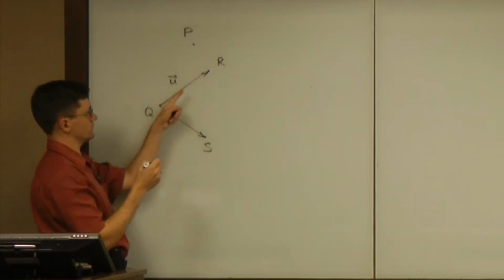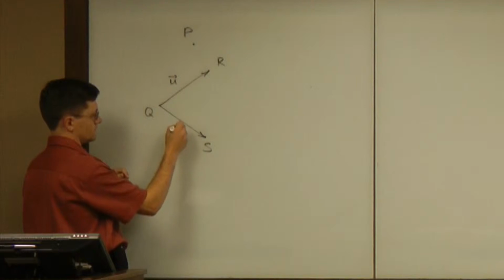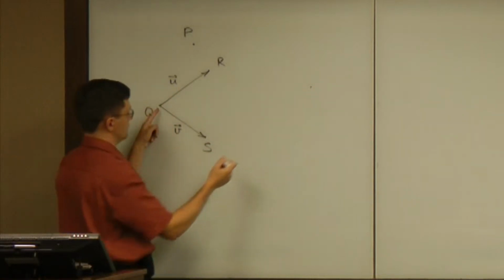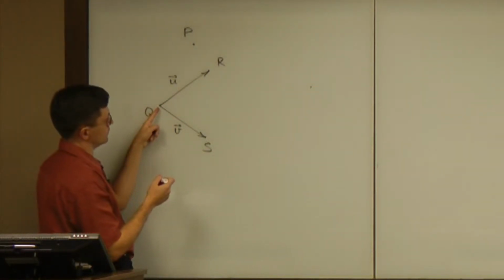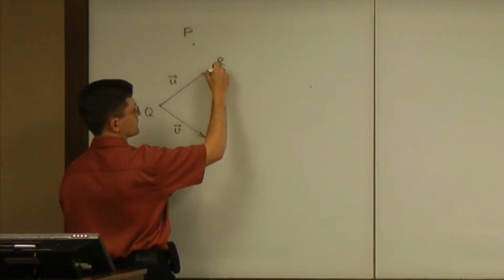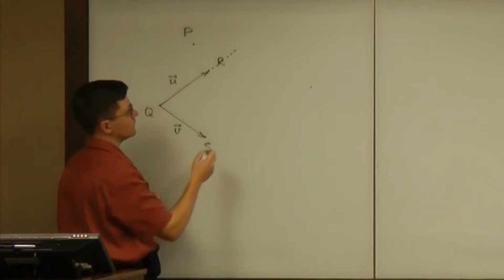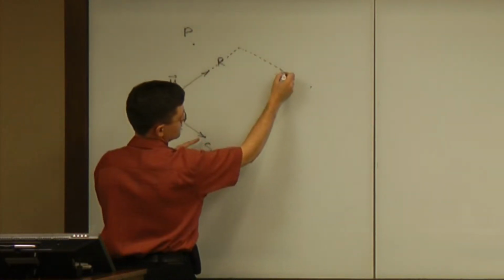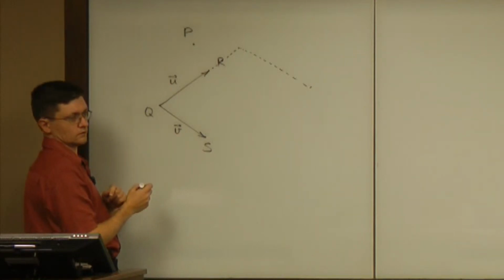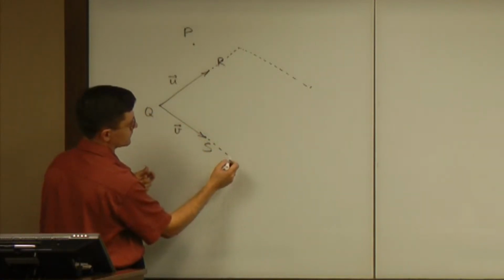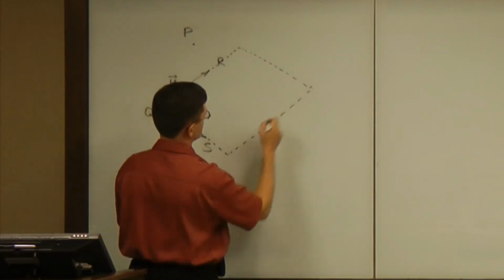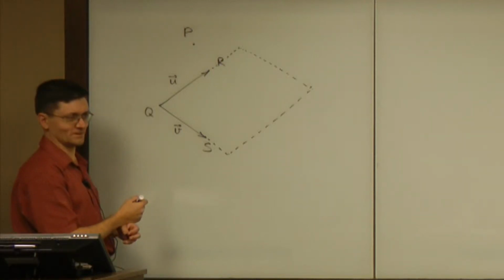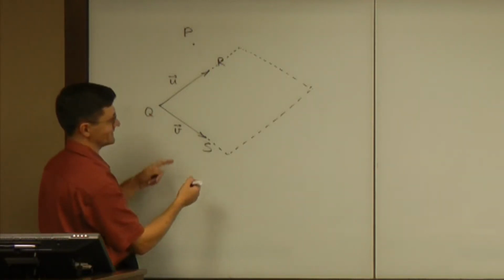So you start with this vector u from Q to R and the vector v from Q to S. And you can possibly get to a point on a plane, from the point Q, if you follow the vector u for some time, and then you follow the vector v for some other time. Or alternatively, you can follow the vector v for some time, and then follow u. And what you have to imagine here is a parallelogram, which it is not, but it's supposed to be.